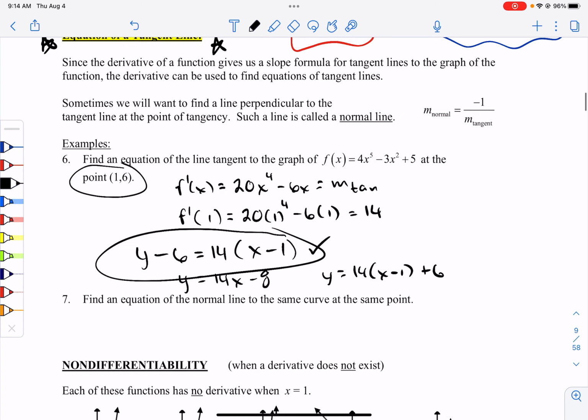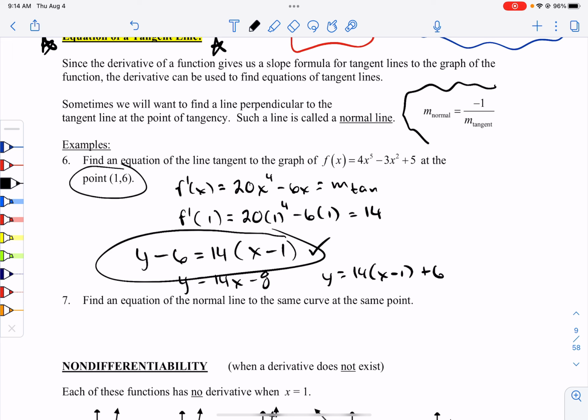So I put a note up here that the slope of a normal line is the negative of the what do we say? The negative of the tangent line, but you flip it over, right?